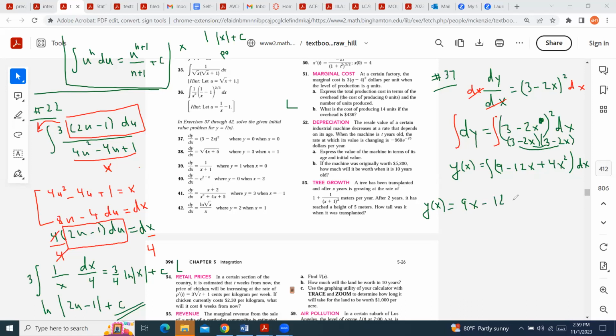Minus 12, now x is raised to the power of 1, so I need to add 1, so it'll be x squared over 2 plus, and the last is 4, and we add 1, it's going to be 3 power of x over 3, and plus the constant. You see, so what's with the constant? Well, here's a little extra so-called initial condition. So they say if you plug 0 instead of x and instead of y, you should be able to find constant.